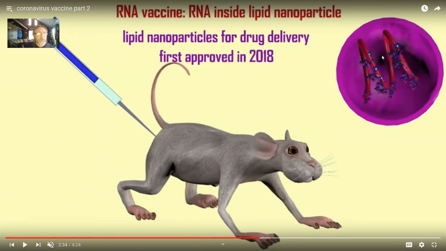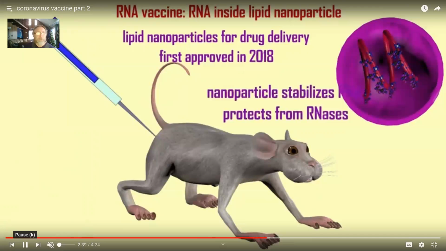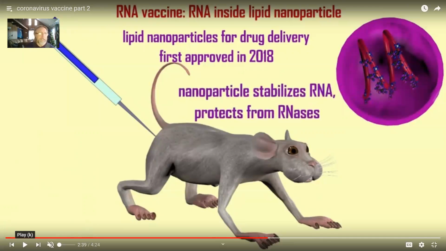This is brand new. So lipid nanoparticles for drug delivery was first approved in 2018. All right, so the coronavirus vaccines use RNA to vaccinate. That was first approved for human use in the year 2020.